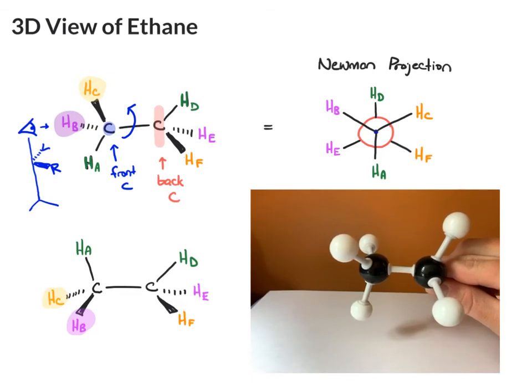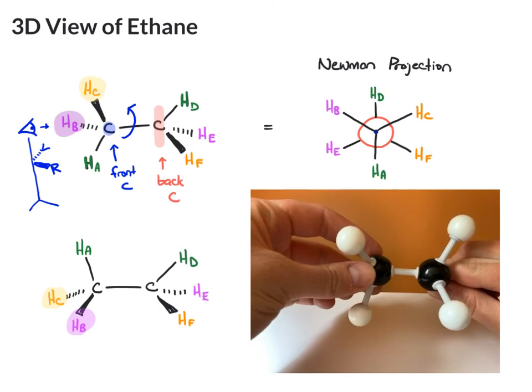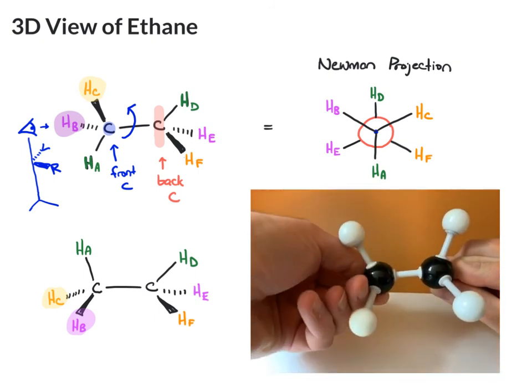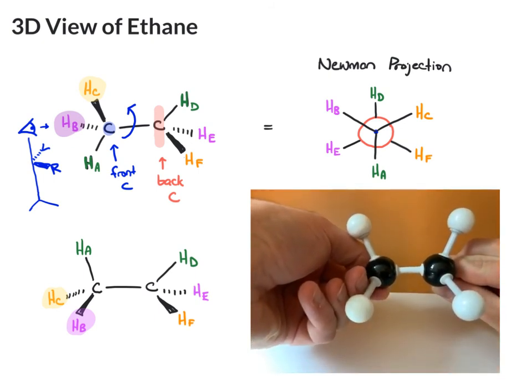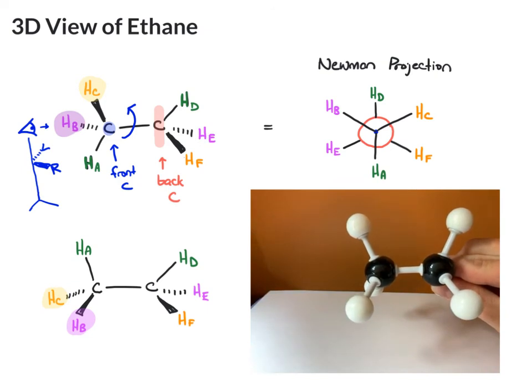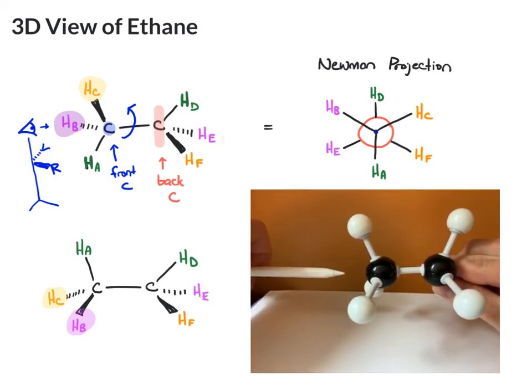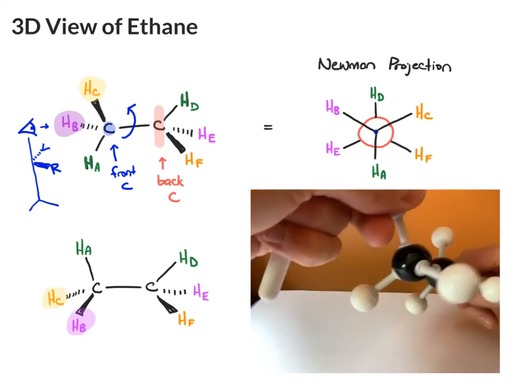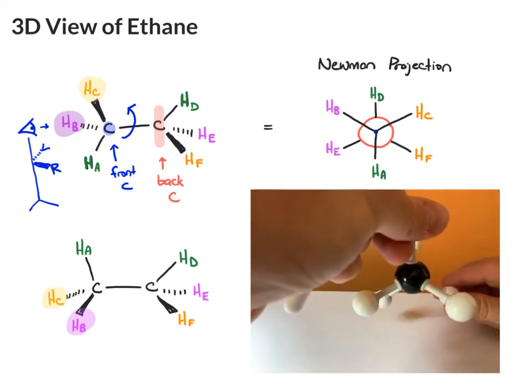Right, here we are back with our original structure. We're rotating this front carbon like this. Now we have the 3D structure down here. If we view it from this side, here's what you're looking at.